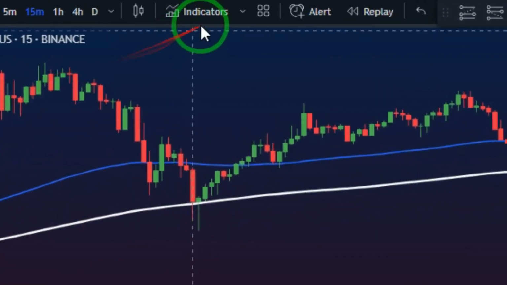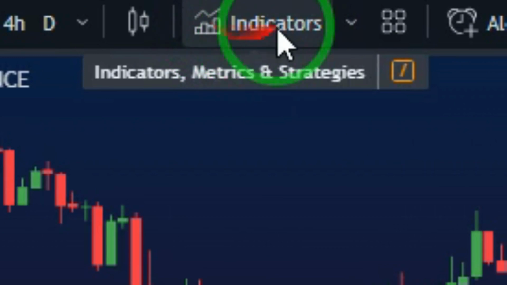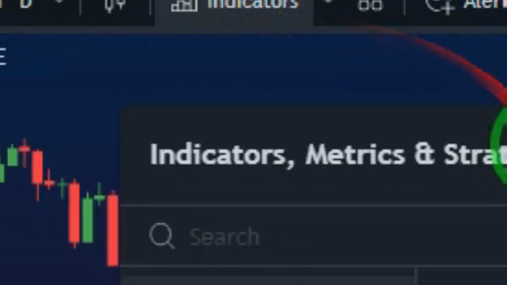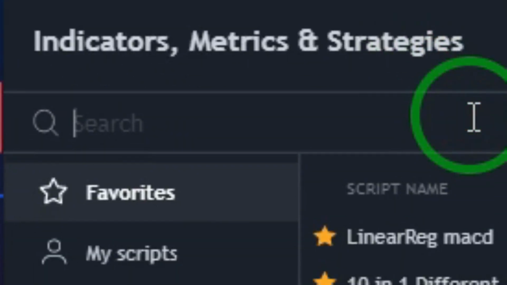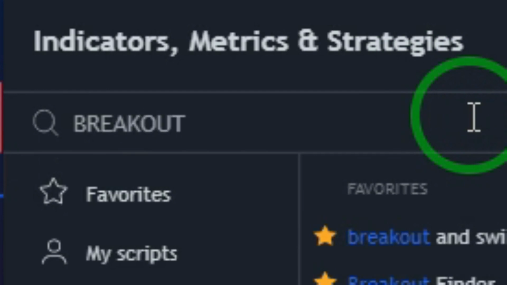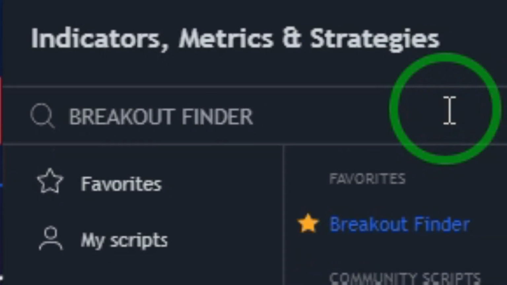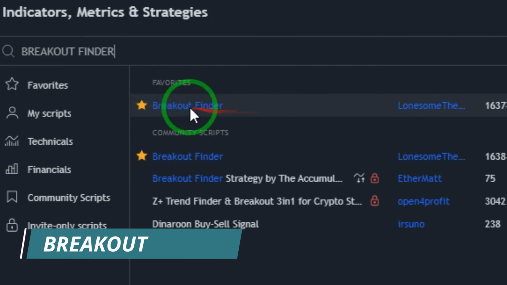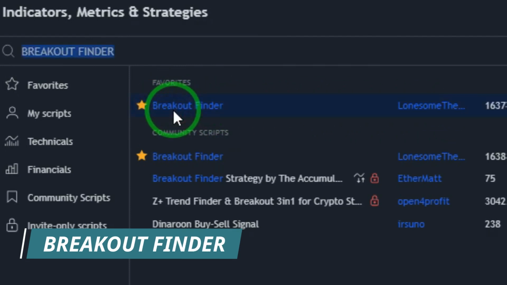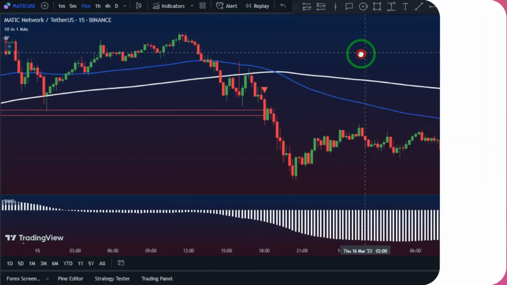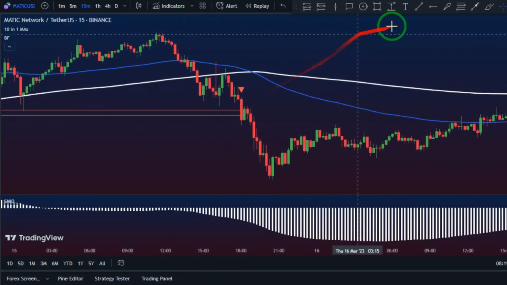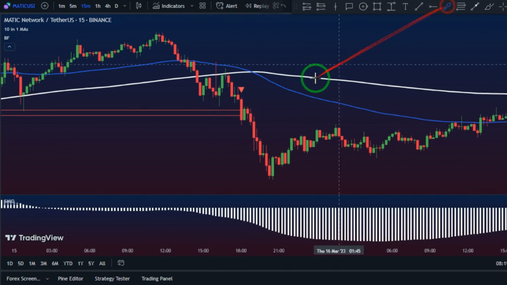Alright, now that we've added those indicators to the chart, it's time to incorporate the breakout finder signal indicator into our strategy. This indicator generates signals by spotting breakout opportunities when support and resistance zones get breached.